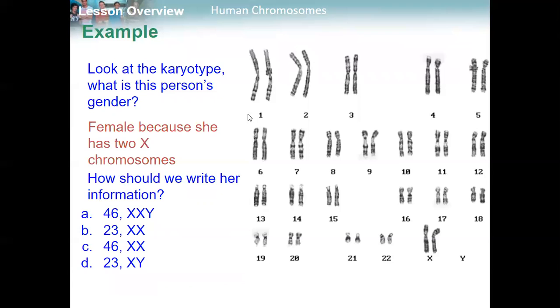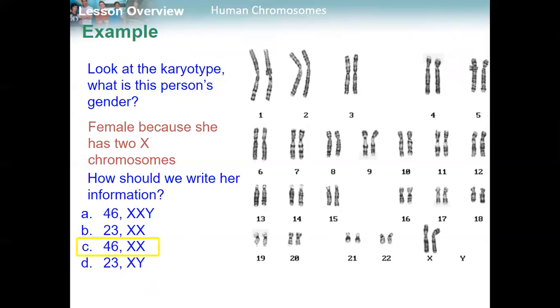Well, I know she has 46 chromosomes. You could tell by just counting them individually, but an easier way to know is they're all paired up. There's not a missing chromosome. There's not an extra chromosome. They're all paired up. And so it's going to be 46. And then the second part of the information would be what are the sex chromosomes? And it's XX. So this is a 46XX.